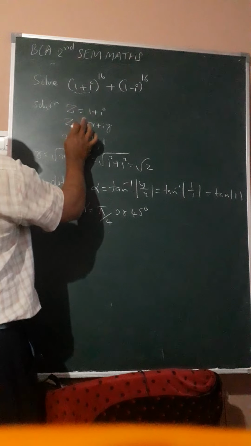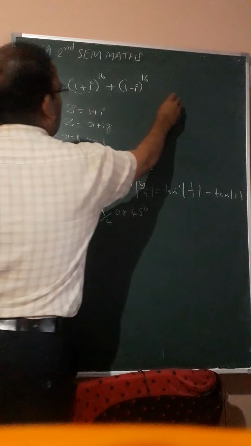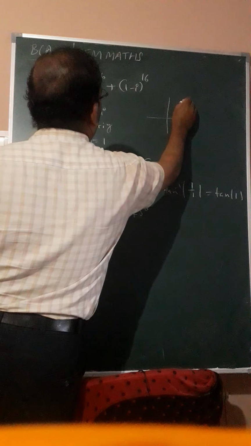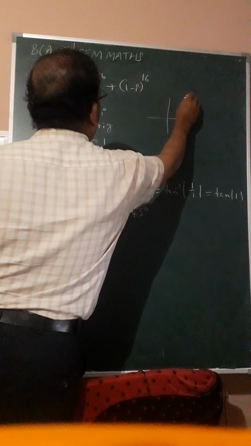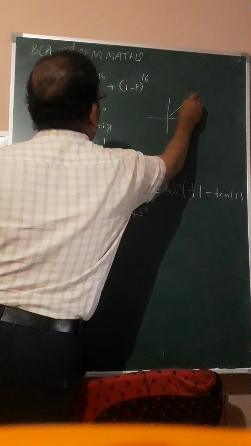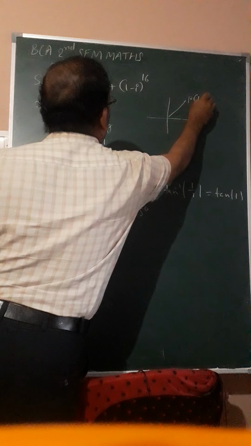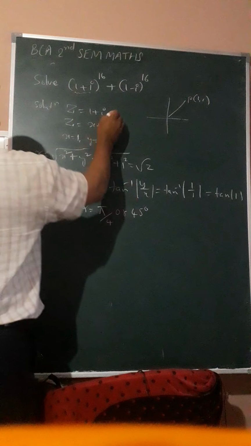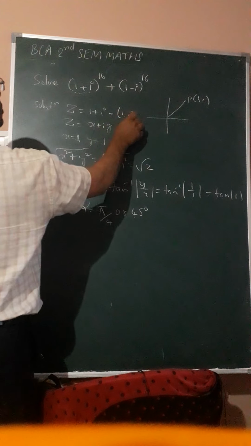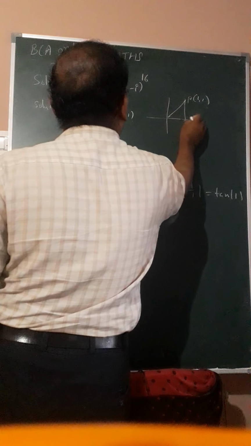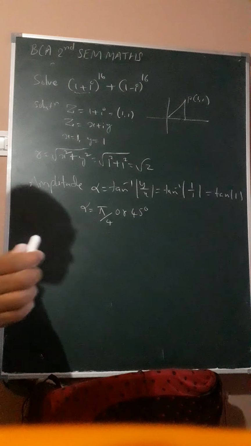So 1 plus i, the point (1, 1), is in the first quadrant.